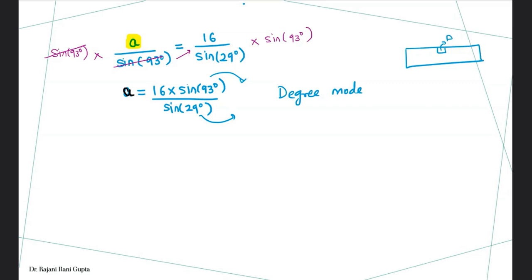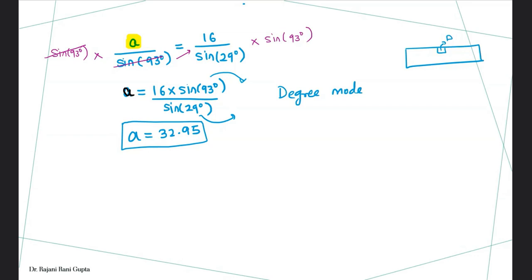You don't need that. We need only the degree mode because the angles are given in degrees. So you will get the value of a as 32.95 after rounding off. You can round it off to 2 or 3 decimal places.